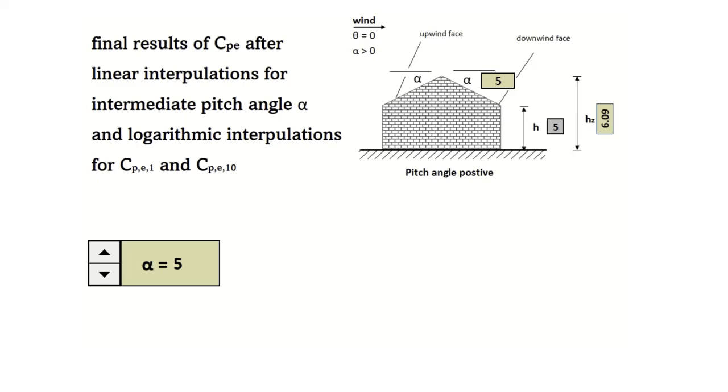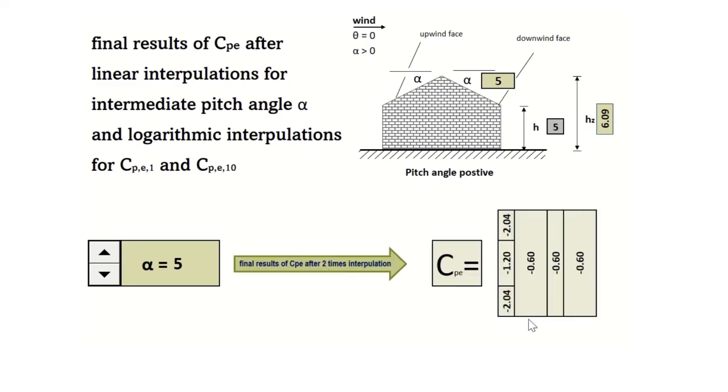This pitch angle calculator is adjusted for every 5 degrees. These are the values of CPE by pitch angle 5. By clicking on one of these 2 arrows, we get CPE for each pitch angle from 5 up to 75 degrees.